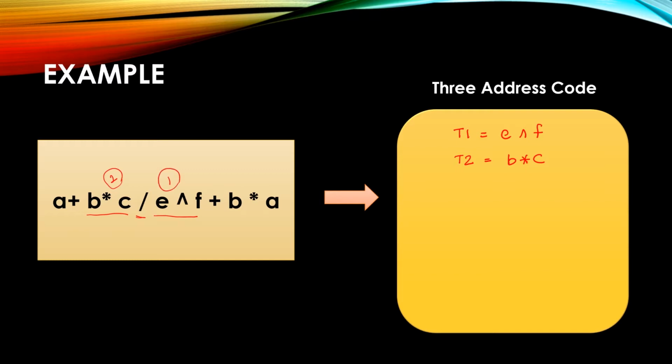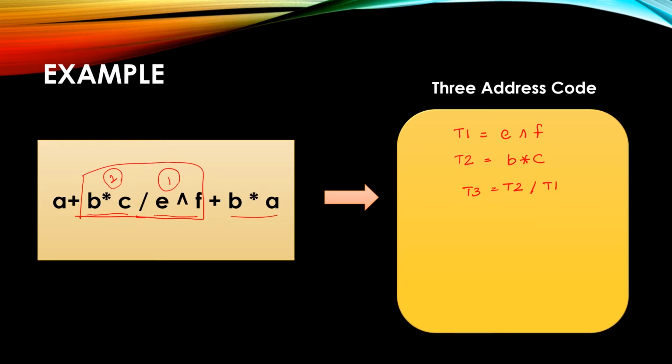We have to divide T2 by T1. The result of B star C is in T2 and the result of E exponential F is in T1, so we divide both. T2 is divided by T1 and the result is stored in T3.